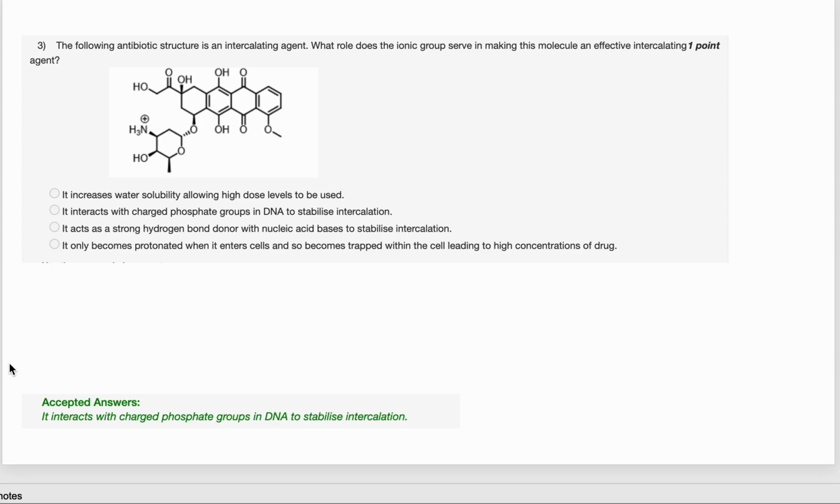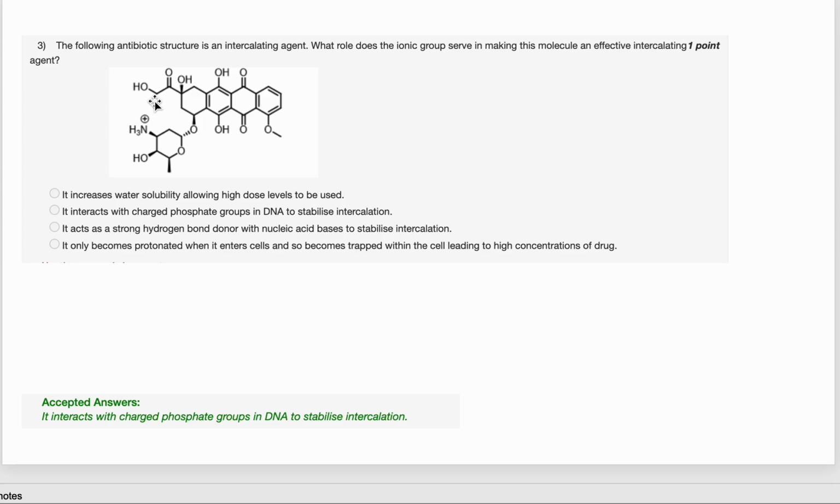The interesting part here is the charged NH3 positive. Now, we know the phosphate group is negatively charged. So once we have a positively charged moiety, it interacts with the negatively charged phosphate groups in the DNA and makes the intercalation more stable.